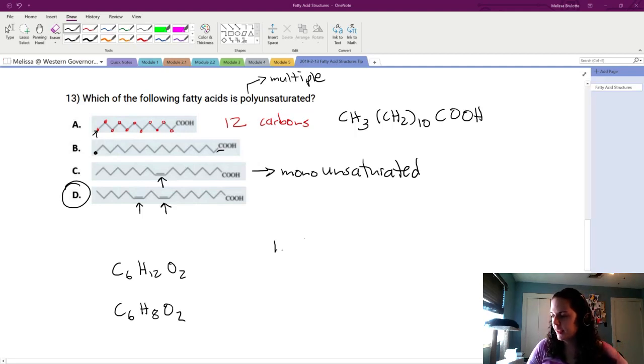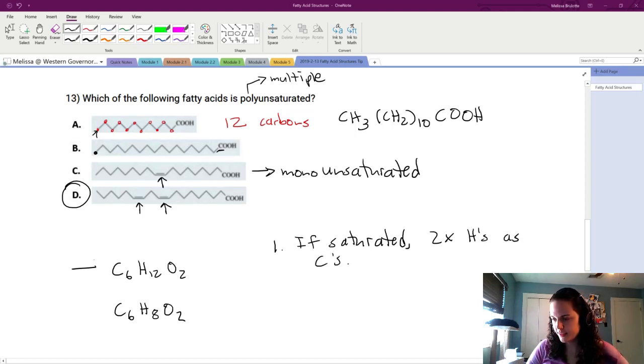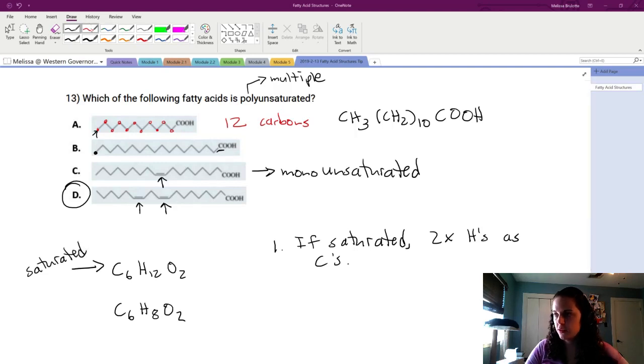The first thing is that if it is saturated, then there is twice as many hydrogens as carbons. And so that's what we see here, C6H12O2. This is saturated because there is twice as many hydrogens as carbons.